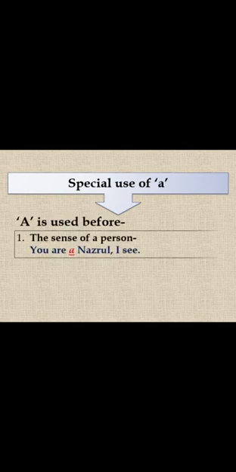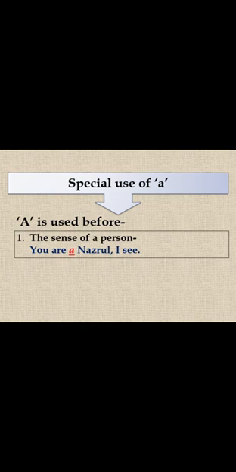Special use of a. A is used before the name of a person in the sense of a person. You are a Nazrul, I see. That means here is a comparison. You are compared with Nazrul. So here Nazrul is a comparison. That's why here will be a.